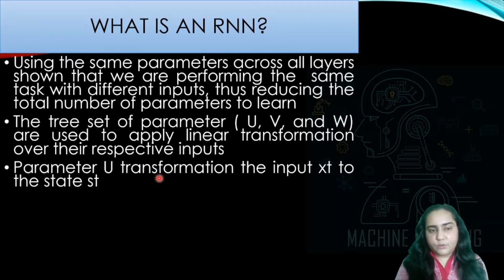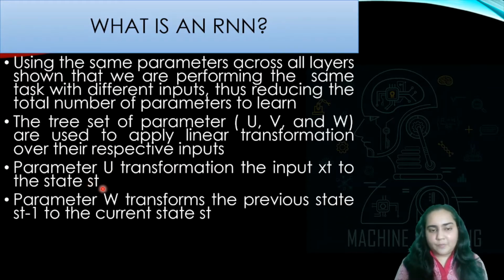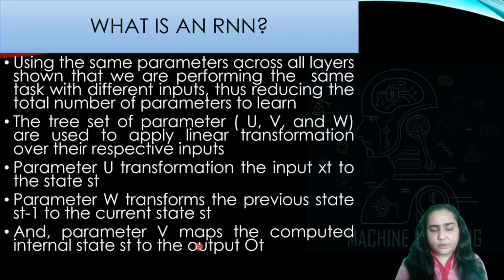So the parameter U transforms the input XT to a state ST, right? Because X is input, ST is the hidden state. So U is used to transform XT into ST. W transforms the previous state, ST minus 1, to the current state ST, because depending on how many hidden layers you have, you will have that many different ST states. And the parameter V is going to map the computed internal state ST to the output OT.